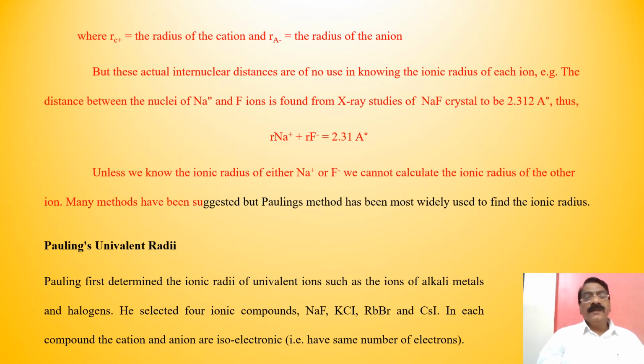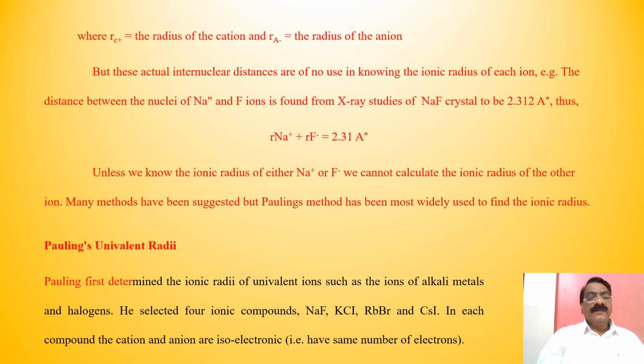Many methods have been suggested, but Pauling's method has been most widely used to find the ionic radius. So we are going to see Pauling's univalent radii.